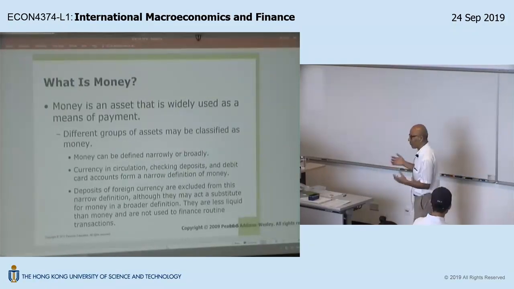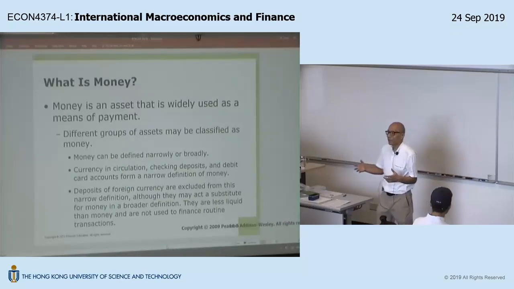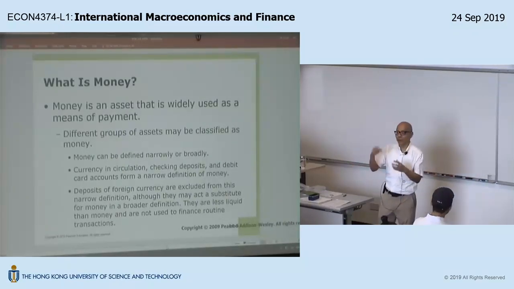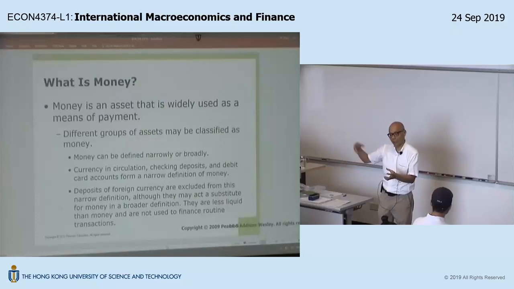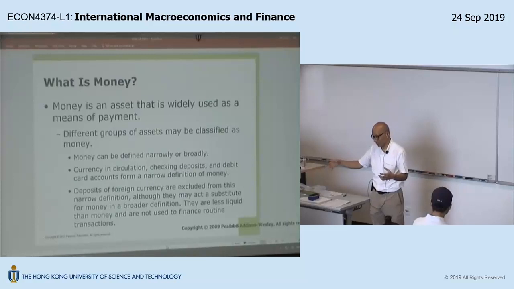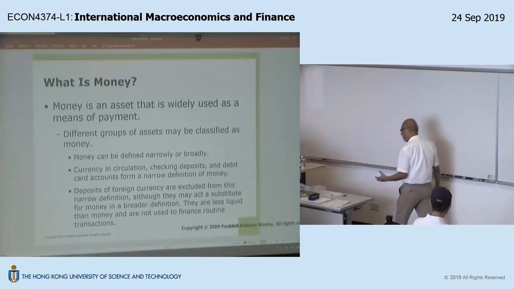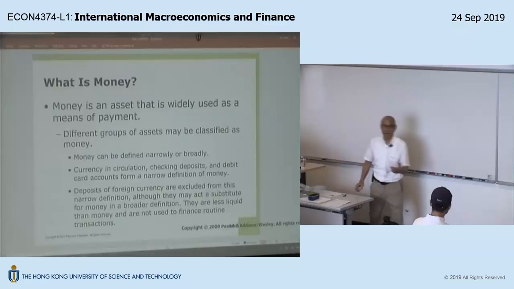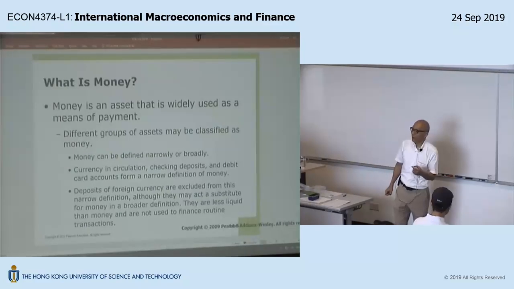M1 is the most liquid form of money. M2 includes M1 plus some other form of money that is slightly less liquid than M1. And M3 is all of M2 plus some other form of money which is less liquid than M2, right? So M1 is most liquid.